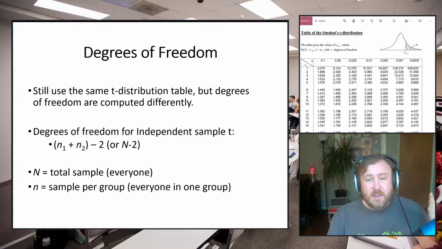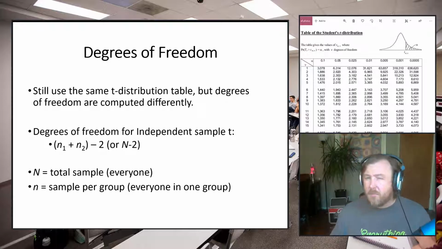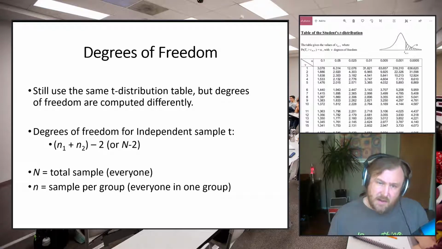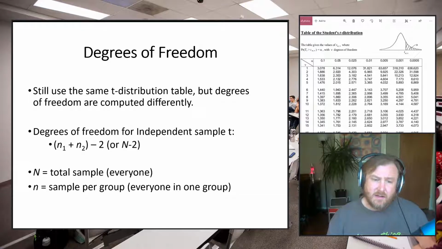So the degrees of freedom for an independent sample t-test, because we have 2 samples, is the total number of people minus 2. Or put another way, it's the number of people in sample 1 plus the number of people in sample 2 minus 2. There's some new nomenclature here to describe sample size.